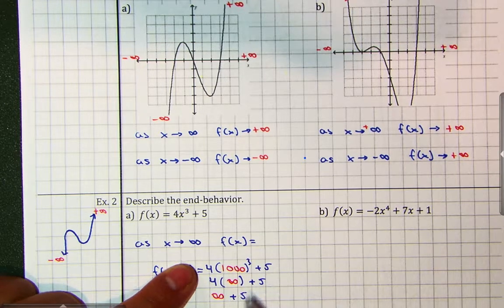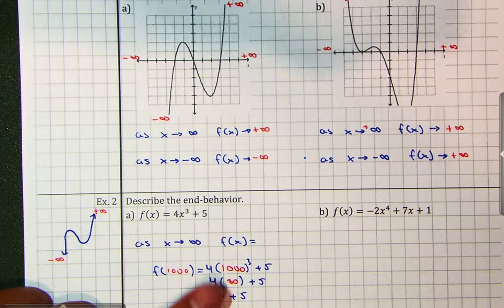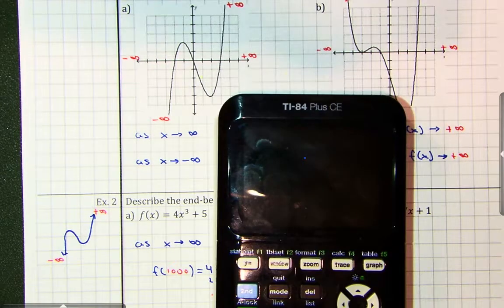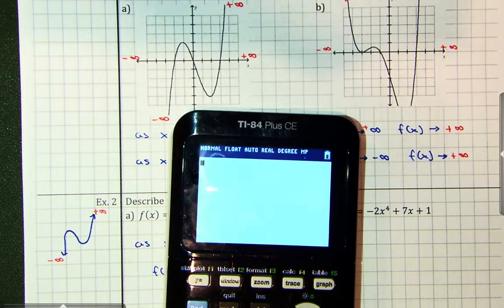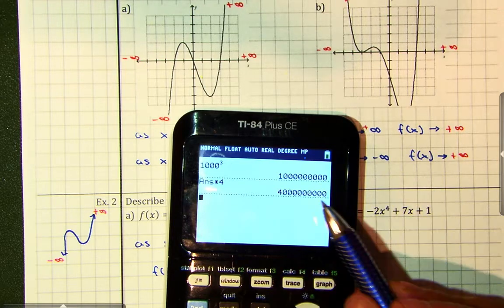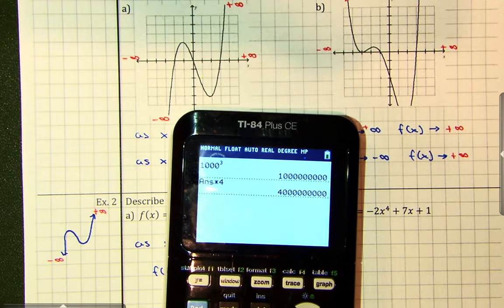So what's that 5 going to do to the graph? Let me just step into the calculator. So we have 1,000 to the power of 3 times 4. So if you have that much money, and you add $5 more to it, is it going to make a difference?